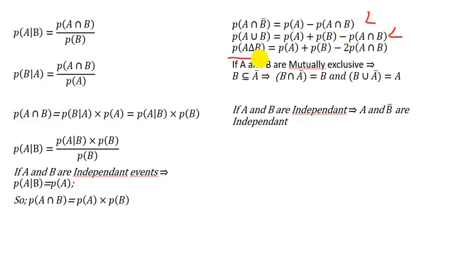Now P of A delta B. This delta is not like the union symbol. This is what we call the exclusive OR.